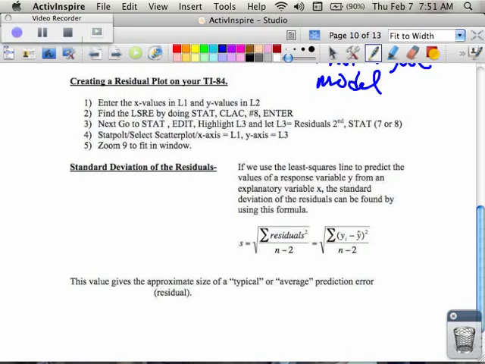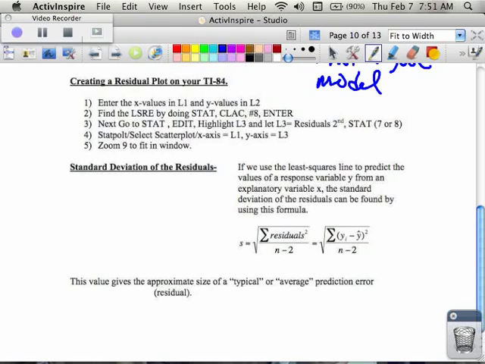When you talk about your residuals and how they relate to standard deviation, if we use that regression line to predict the values, then down below you can find the standard deviation of the residuals using the following formula. The standard deviation, which we're going to call S because we're working with a sample, is the sum of all of your residuals squared divided by n minus 2.